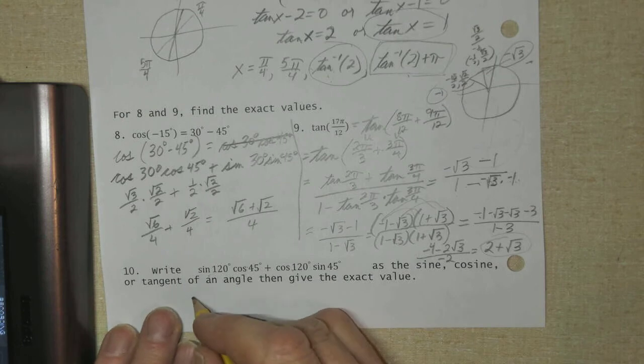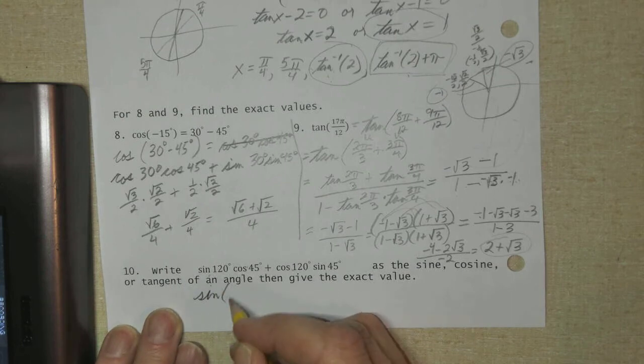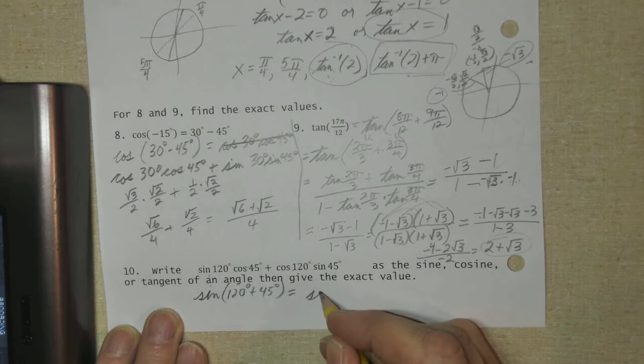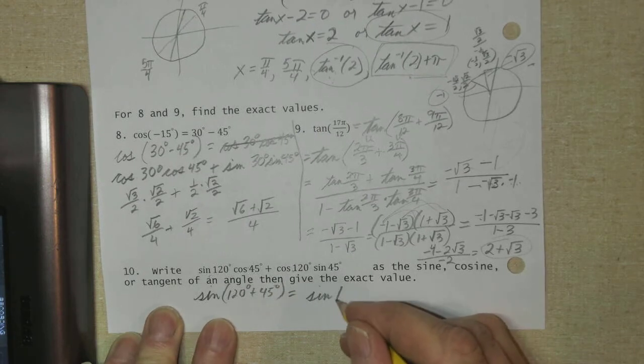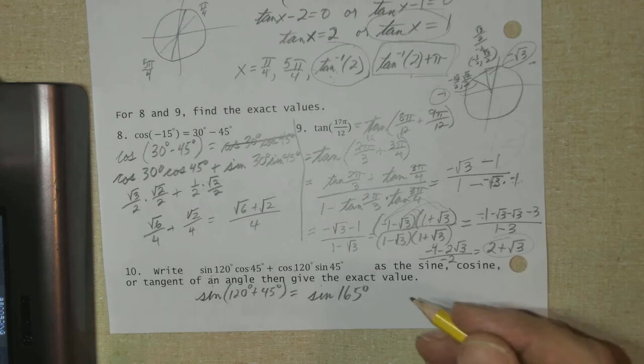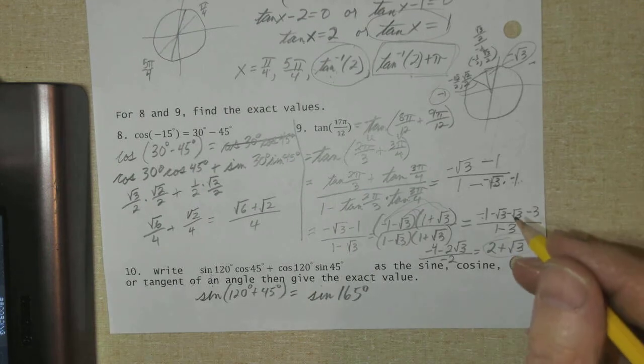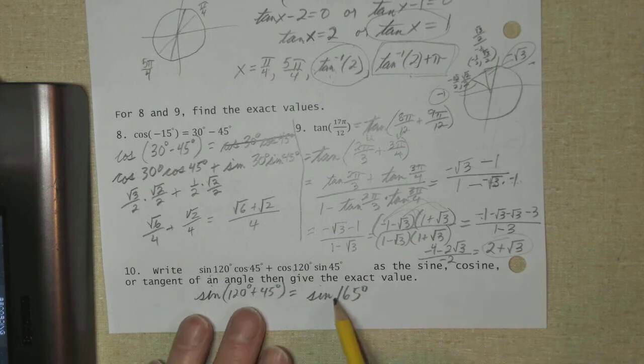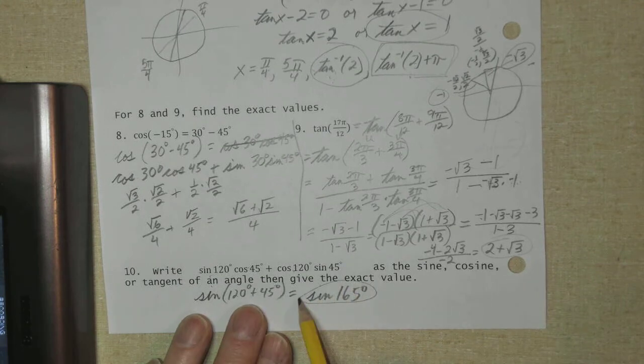That looks like the sine of 120 degrees plus 45 degrees, which is the sine of 165 degrees. And I suppose if I were given the exact value, I'd have to use this again. So this is one part of it.